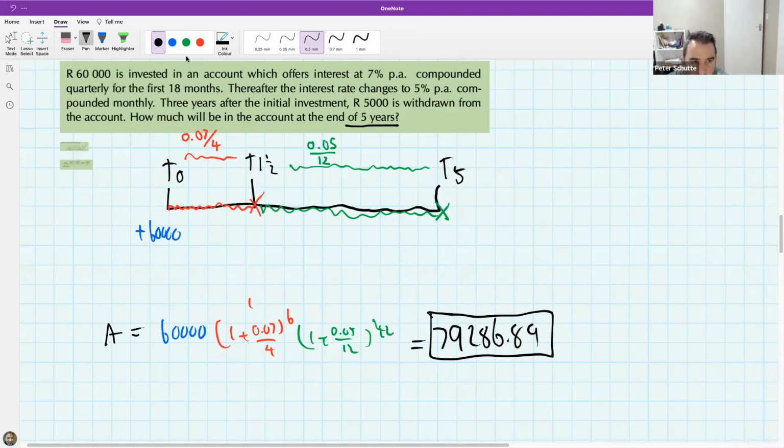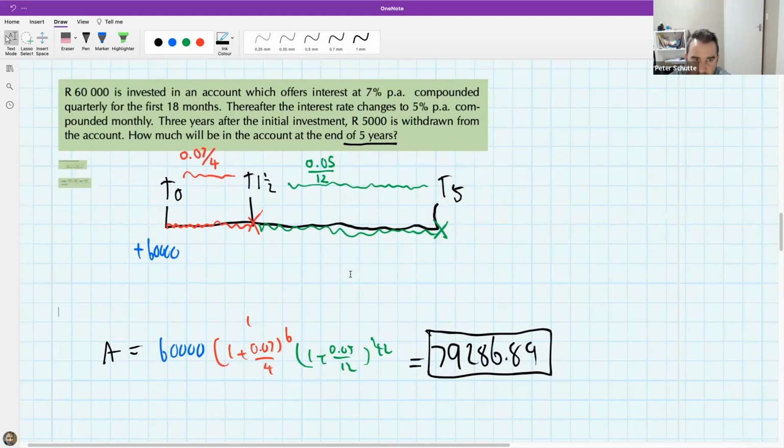Now, where would the 5,000 fall on the timeline? Okay, it says to me 3 years. So at T3, this is when 5,000 is taken out. Am I going to put plus 5,000? No. What I put on my timeline is minus 5,000.